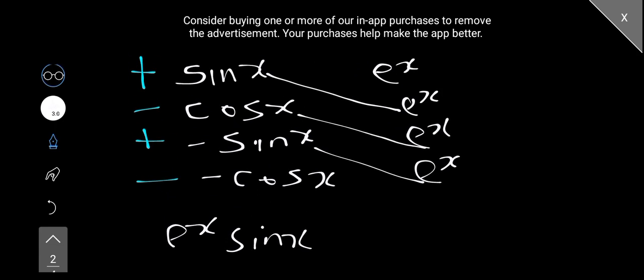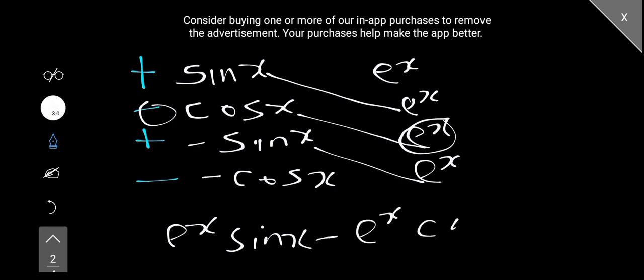Then we have negative cos times e power x, that gives us minus e to the power x cos x.